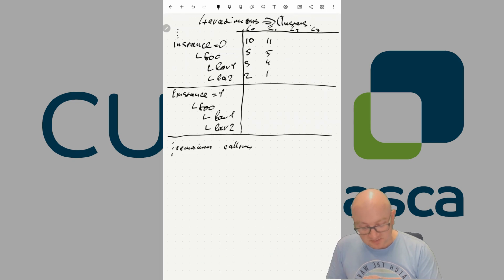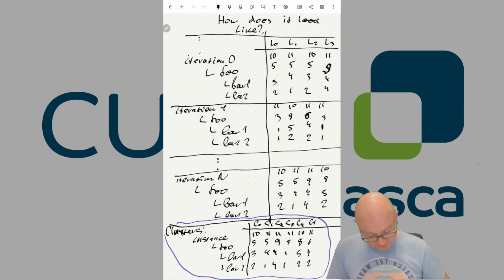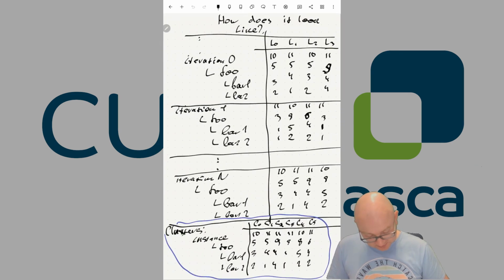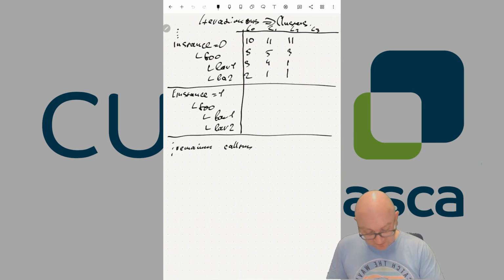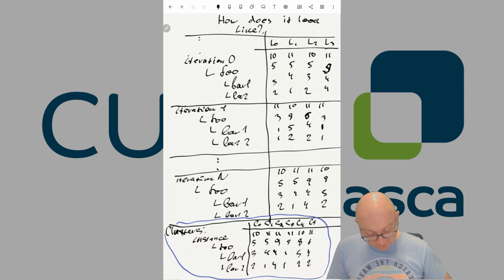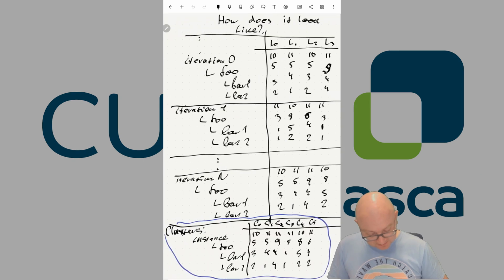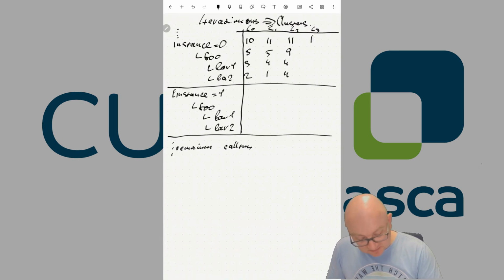In location 2 we store 11, 9, 4, 4. And in location 3 we store 11, 3, 1, 1.